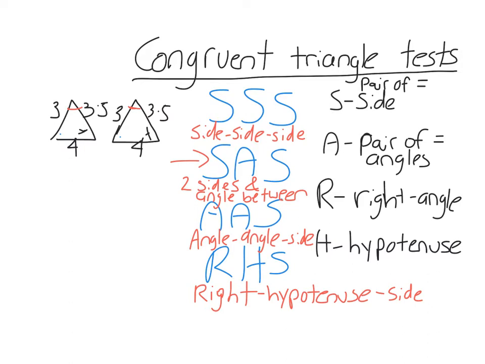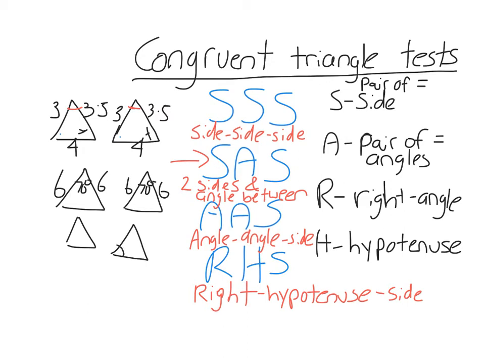So an example of the SAS test, so you might have two triangles here. We might say this is 6 and 6, and it has to be this angle between them. If I have an example where, let's say I have triangles like this, and I tell you that this angle and this angle are equal, and I have two pairs of equal sides, I can't use any of the tests and say that these two are congruent.